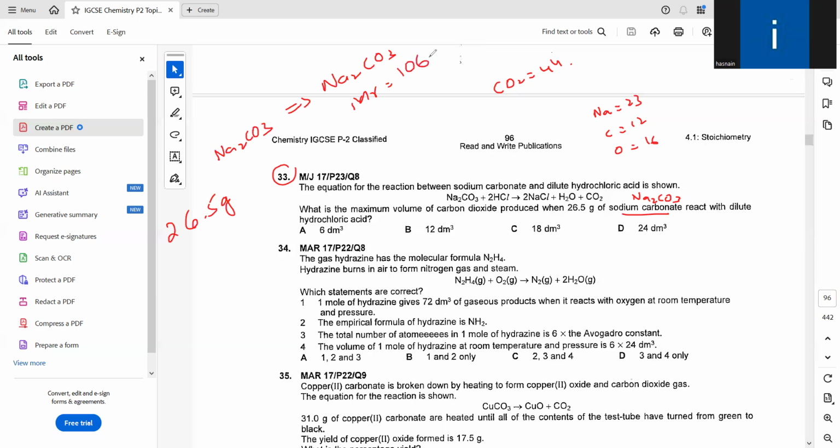Anmol, are you with us? Yes, sir. So we have 0.25 moles. Now they want us to find out carbon dioxide. We can see it's 1:1, so this should be 0.25 moles of carbon dioxide, right? So 0.25 times 24 gives us 6. That's correct. That's nice.